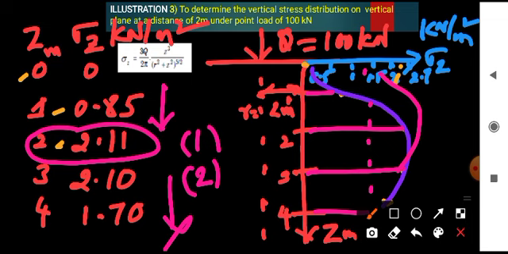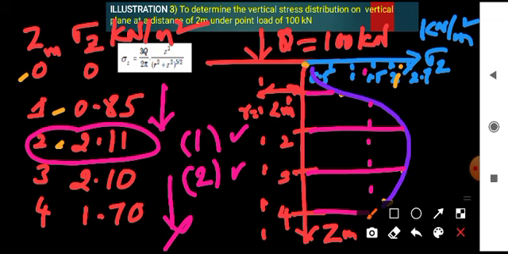That is, as we move away from the line of action of the applied load, the magnitude of vertical stress diminishes, so the effect of the point load in terms of sigma z, the vertical stress, will be decreasing. So there are two important observations that you have to notice from this illustration. So that's all about the vertical stress distribution diagram.